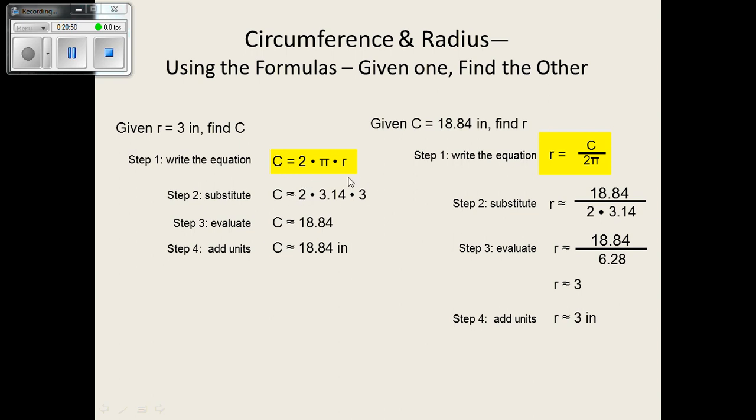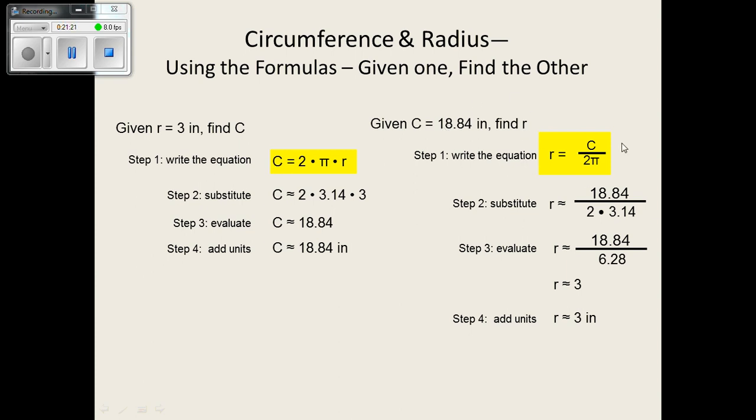We do this math, and we get 18.84. We're going to add our units, which are still inches, and we have the circumference is approximately equal to 18.84 inches.